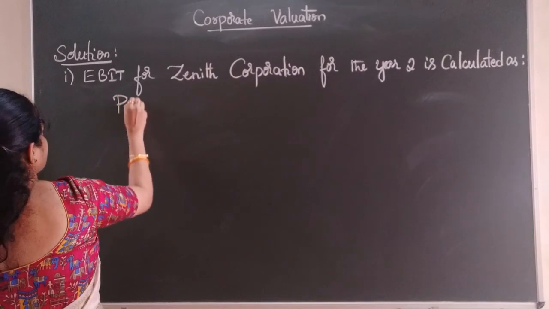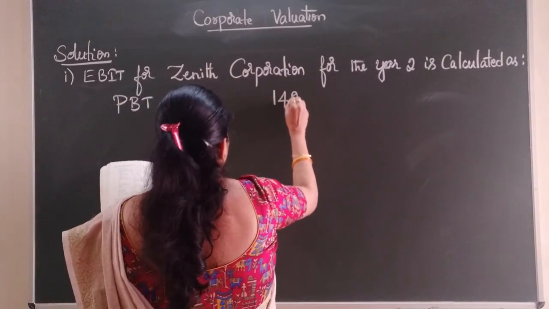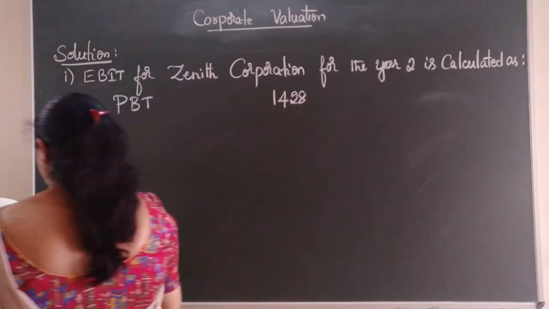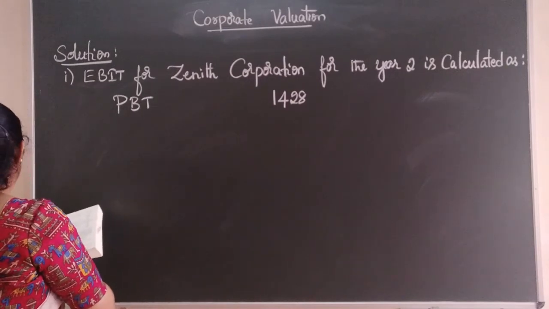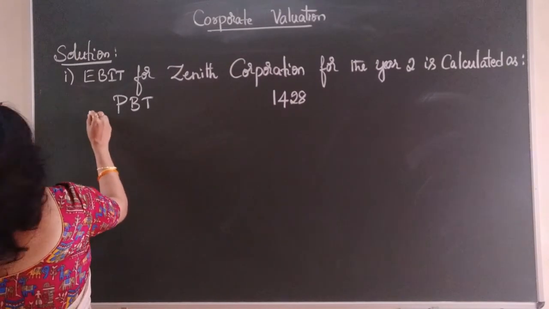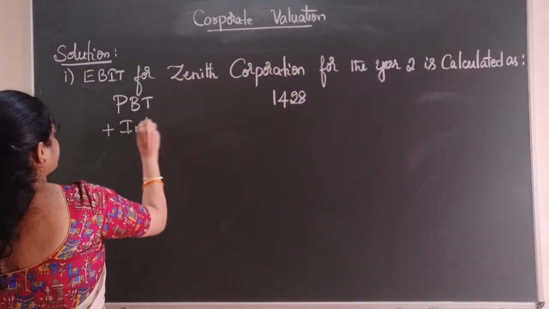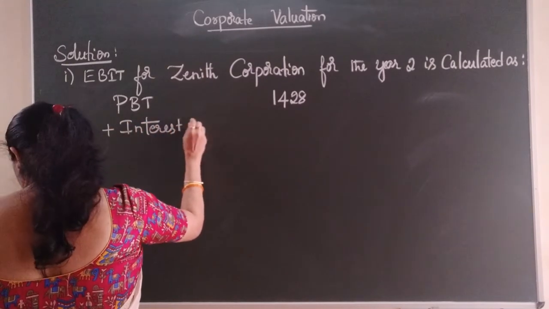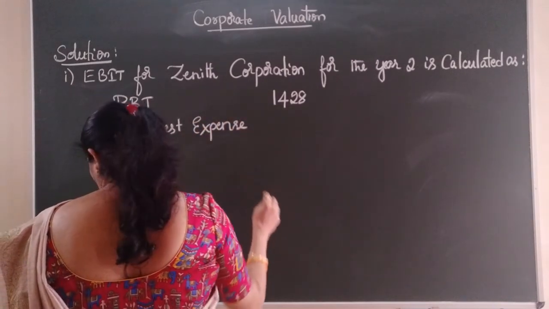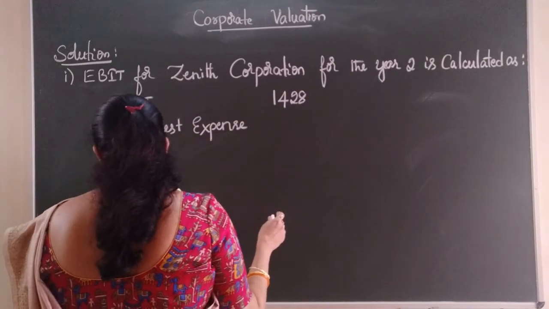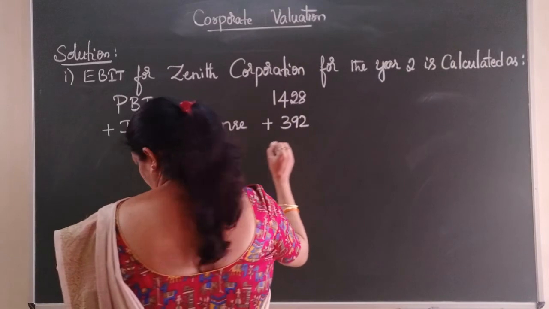Profit before tax, that is PBT, is 1428. We need to calculate EBIT only for the second year. Then add interest expenses. We should add 392, which is the interest expense given in the problem.